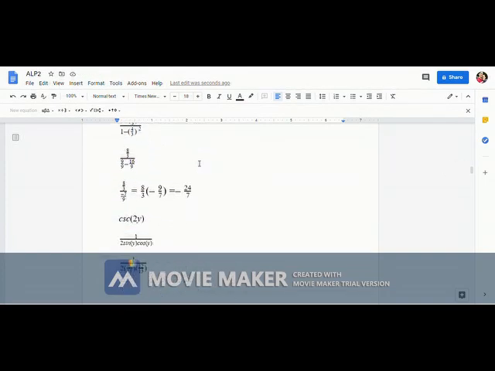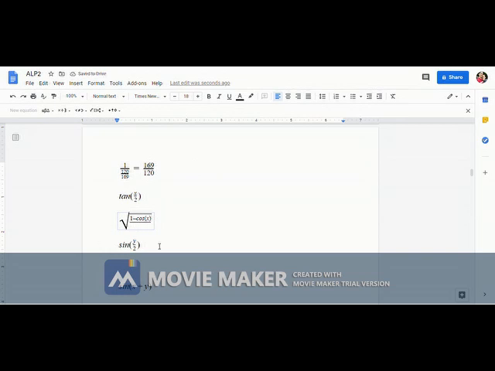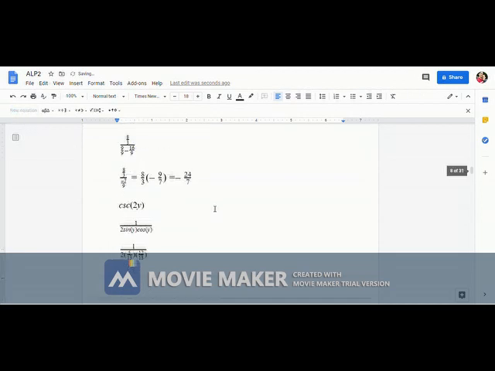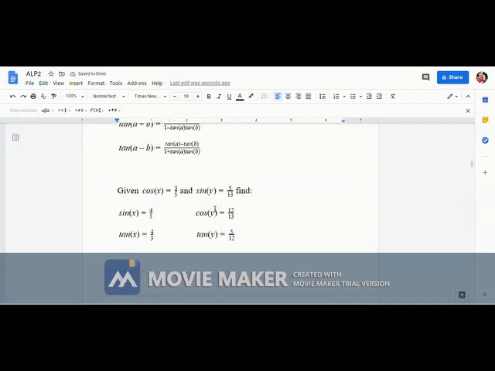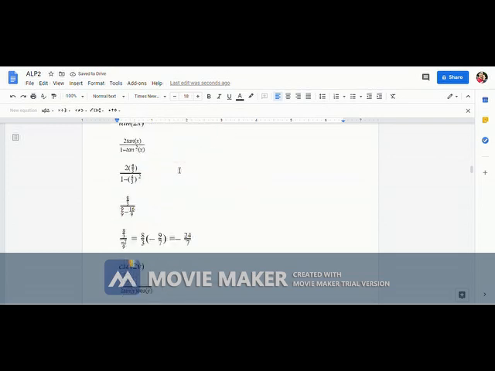Because if you think about it, 1 minus cosine x is related to the half angle identity for sine, and it's going to be sine over cosine is tangent, and 1 plus cosine x is related to the cosine identity. So that's the easy way to remember that. Alright, and then we know that cosine of x, we have it written up here, cosine x is 3 over 5.